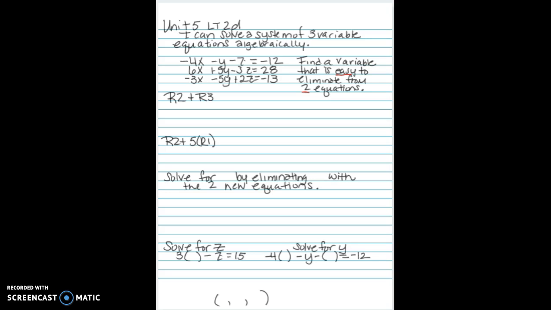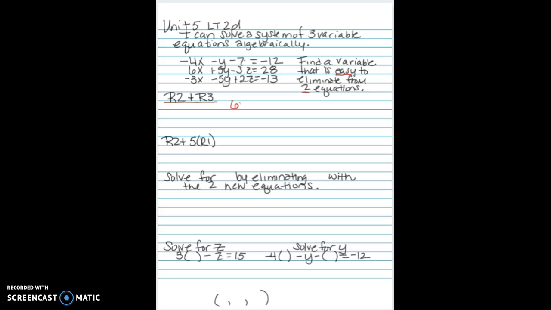So looking at the three equations given, I notice that equation 2 has a positive 5y, and equation 3 has a negative 5y. So I'm going to add row 2 plus row 3, or equation 2 plus equation 3.